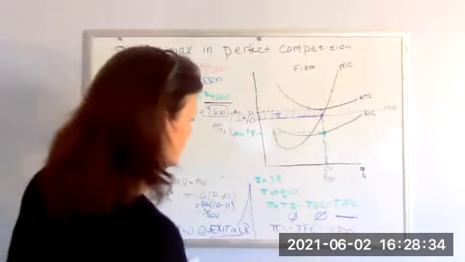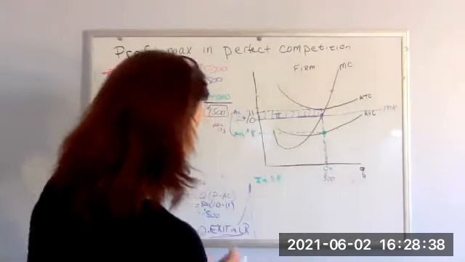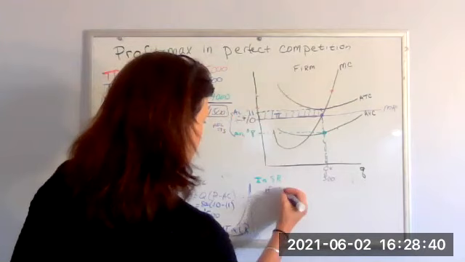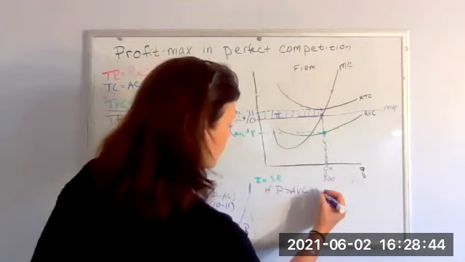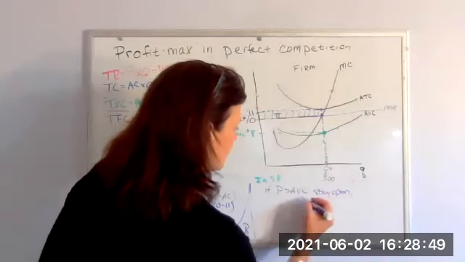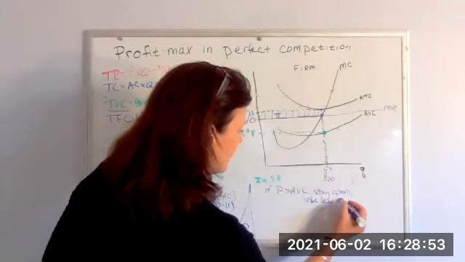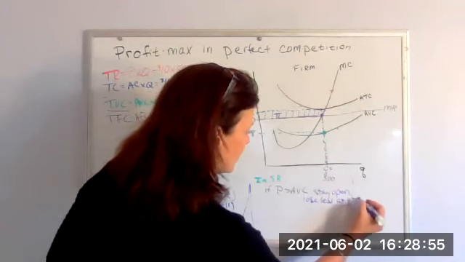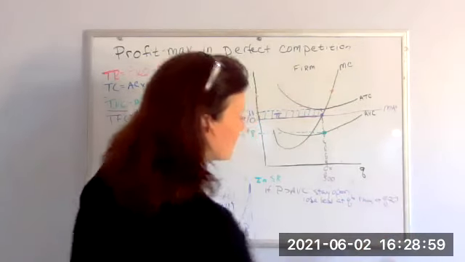So as long as, in the short run, if price is greater than average variable cost, stay open because you lose less at Q star than at Q equals 0.